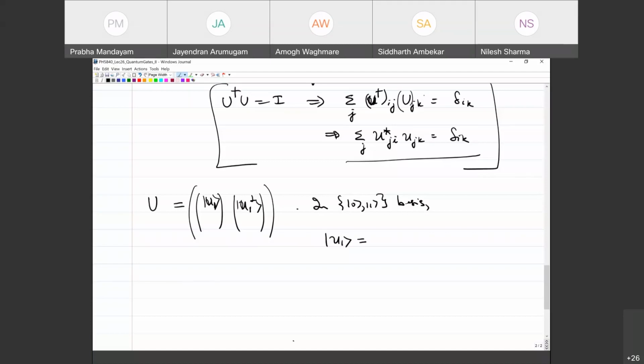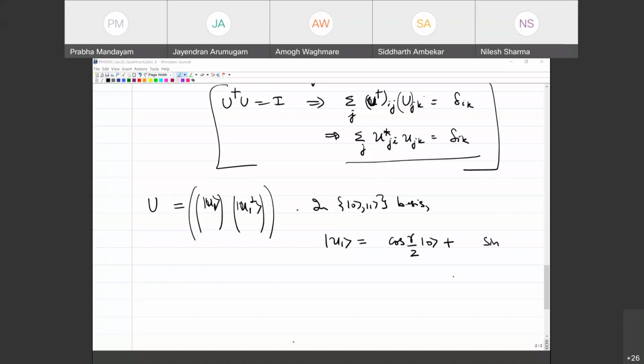That's what we do all the time, right? So let me write this now as cos(gamma/2)|0> plus some phase, right? And I'll come to the phase, sin(gamma/2)|1>. Okay.